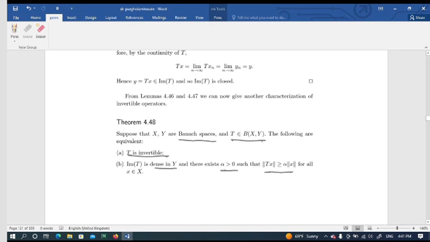A: T is invertible. B: The image is dense in Y and there exists a positive alpha such that the norm of Tx is greater than or equal to alpha times the norm of x for all x in X.